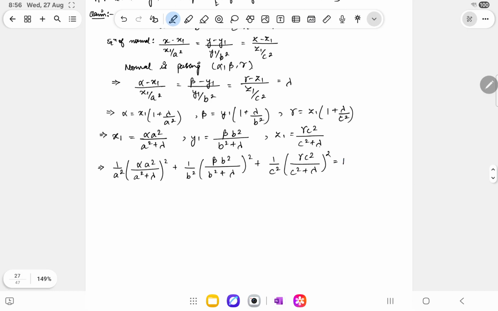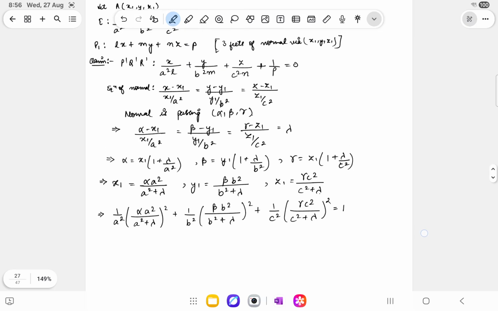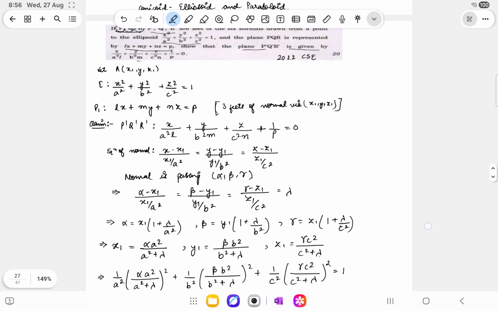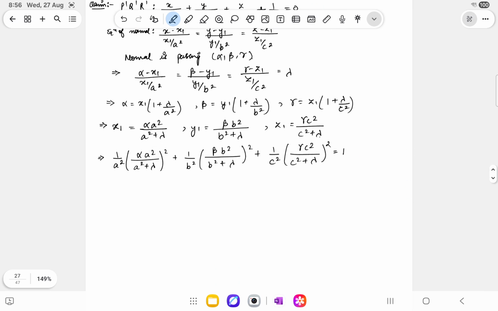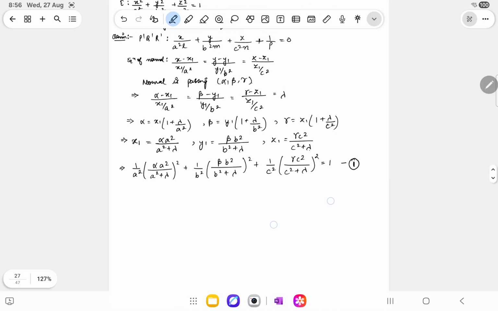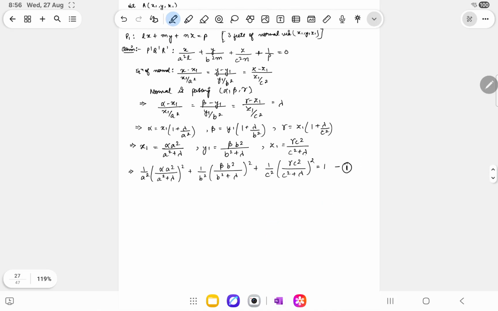So if you see, this is basically an equation of degree 6. So from here we'll get 6 values of lambda, and those will give me 6 values of x1, y1 and z1, which will be basically the feet of normal.